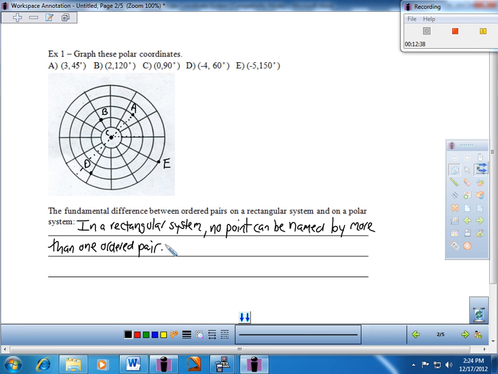But in the polar system, it's a little more dynamic. In a polar system, a point can be named by, theoretically, everyone, by an infinite number of ordered pairs.